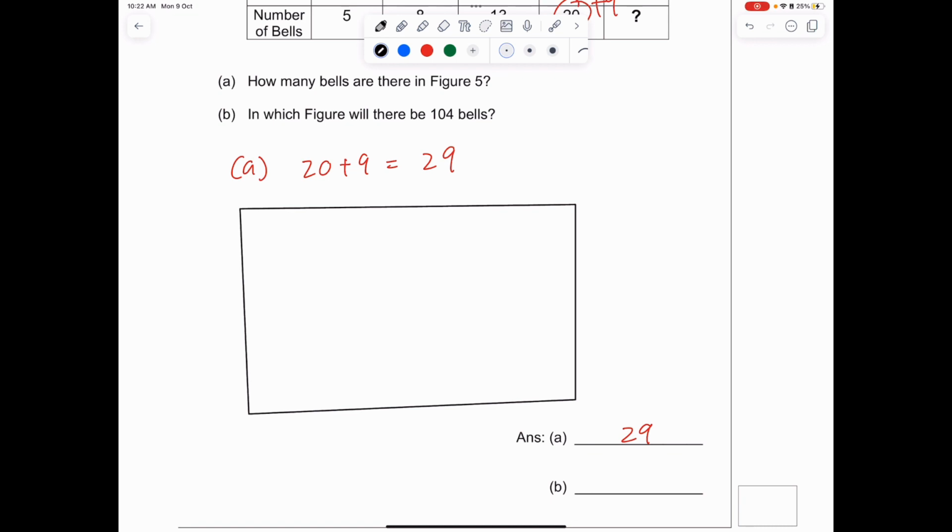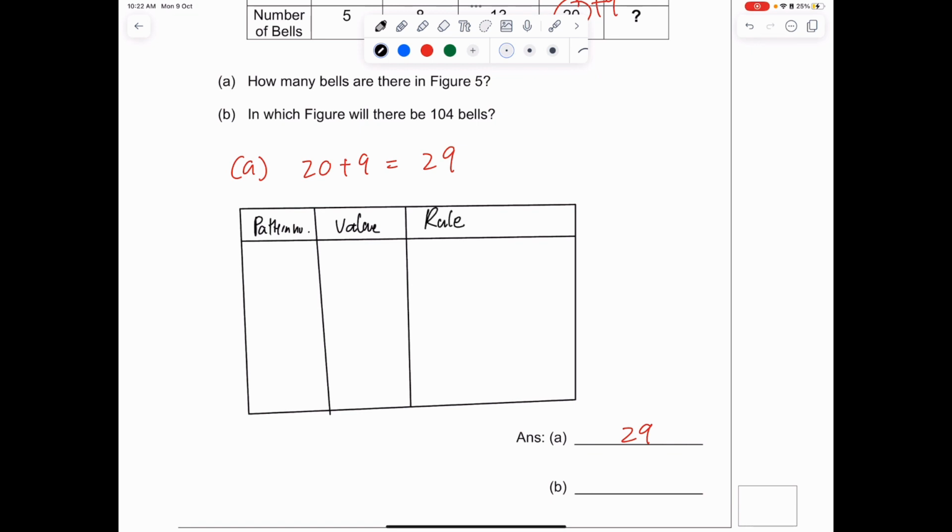Okay, so you have your pattern number. And then you have your value. And then you have your rule.